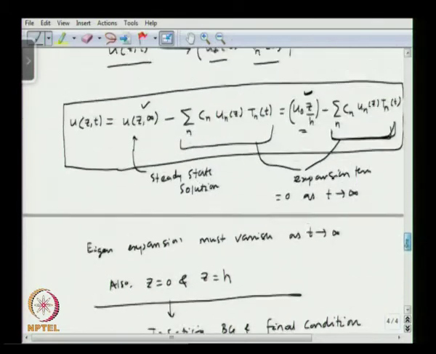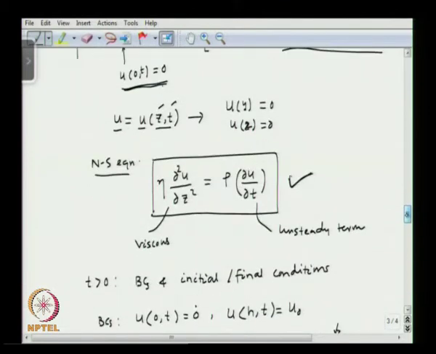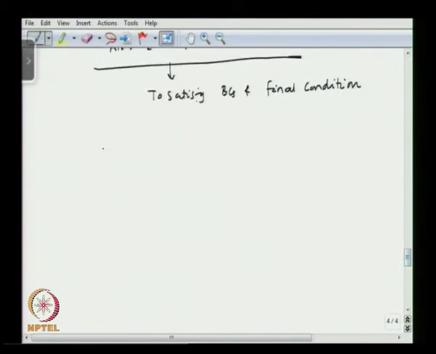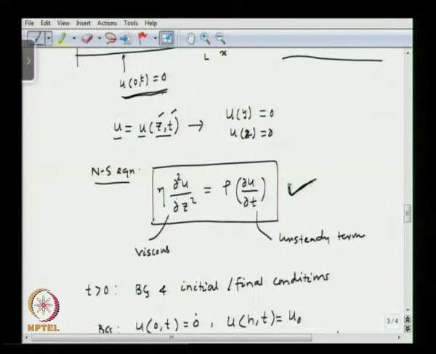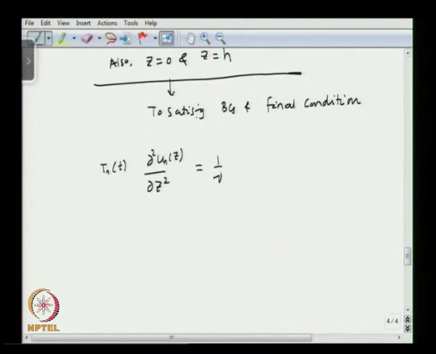Now, if we substitute this Eigen expansion in this equation here, we get an expression: T n(t) into del square u n(z) over del z square will be equal to, here you would have nu, eta over rho, so that will be 1 over nu, the kinematic viscosity, into u n(z) into del T n(t) over del t.